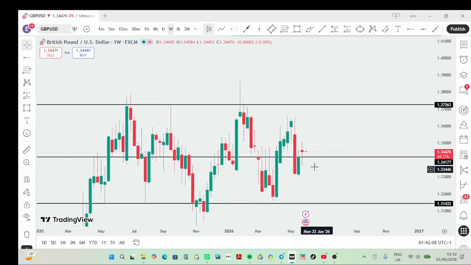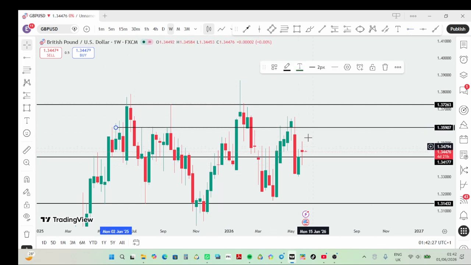Weekly is giving us something like that also. The market is kind of trying to bounce off on the weekly time frame. So from this point now, I'll be looking for a bullish move to this level here.